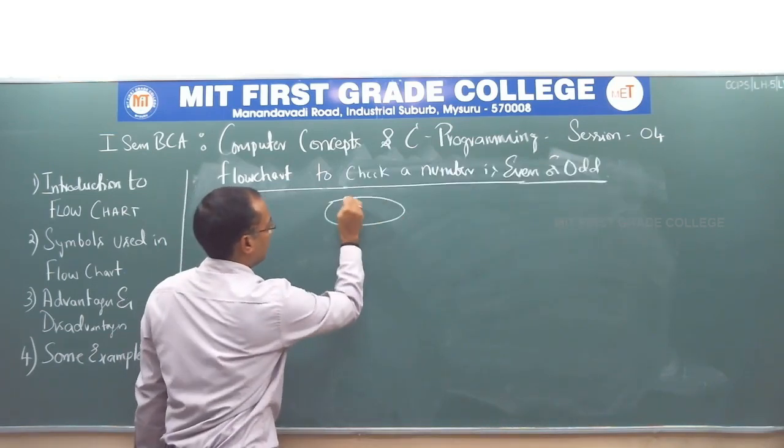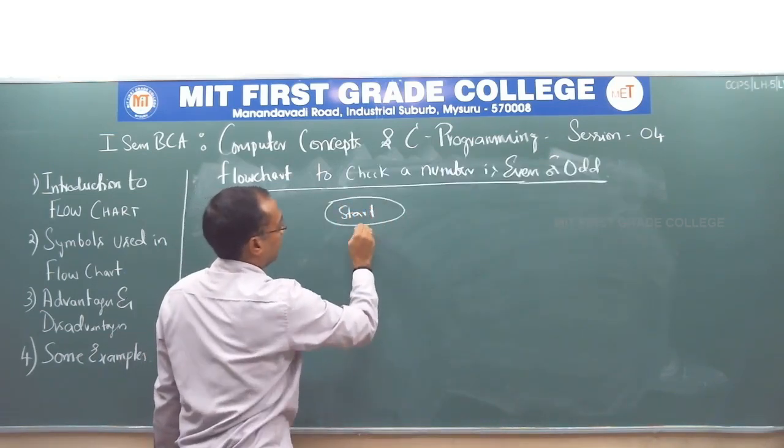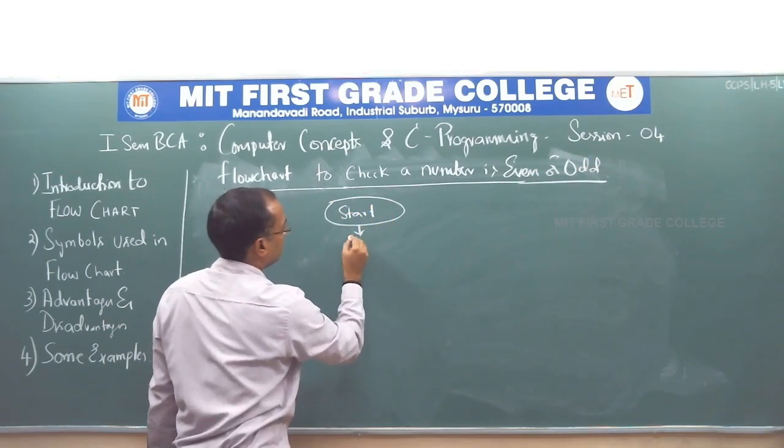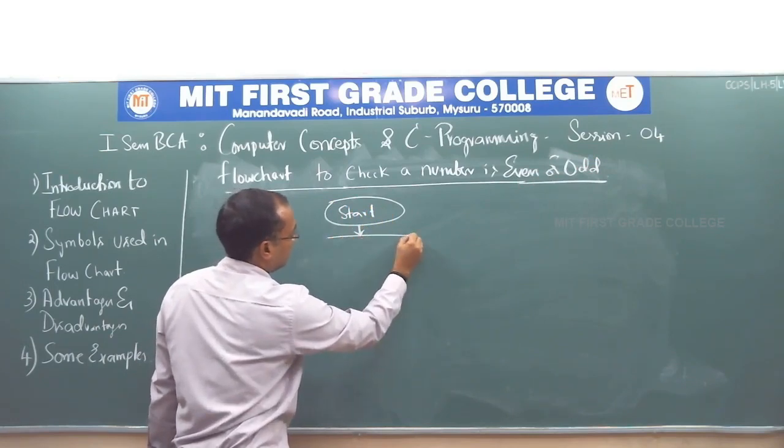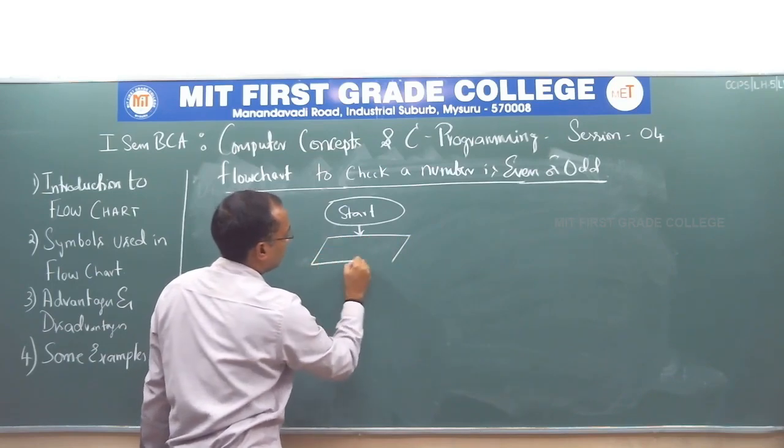Begin the flowchart with a terminal, that is the start symbol, and then accept the input using a parallelogram.